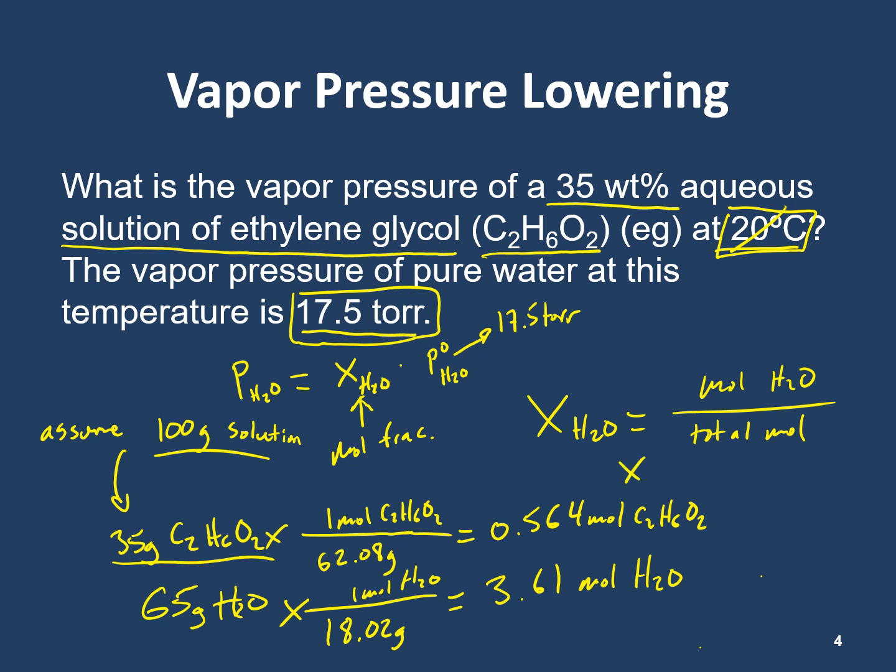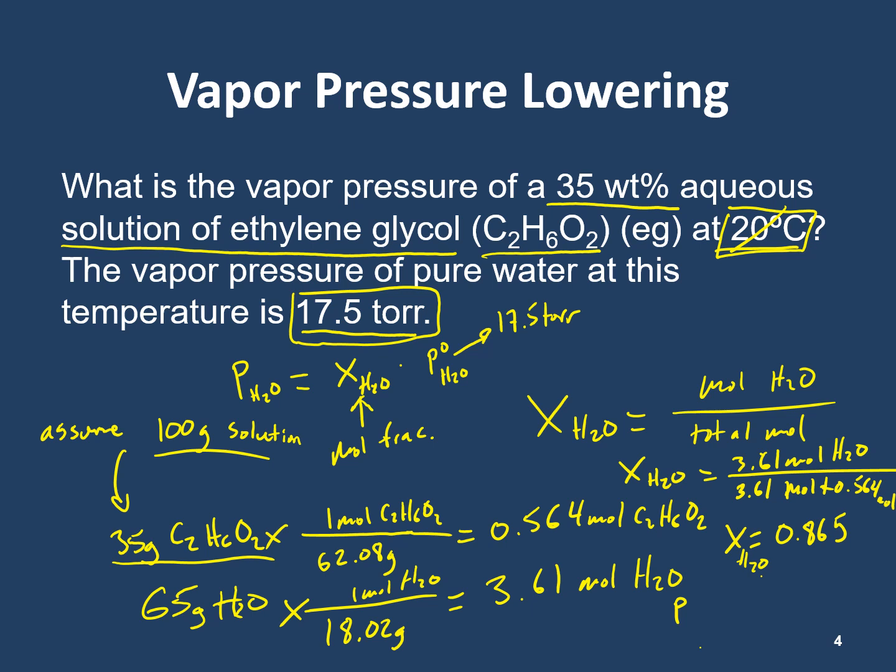Therefore, in other words, my mole fraction of water is equal to 3.61 moles of water in my numerator divided by 3.61 moles plus 0.564 moles. And that mole fraction of water, therefore, is equal to 0.865.